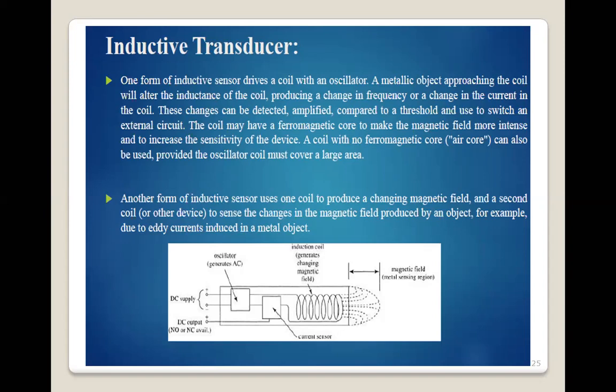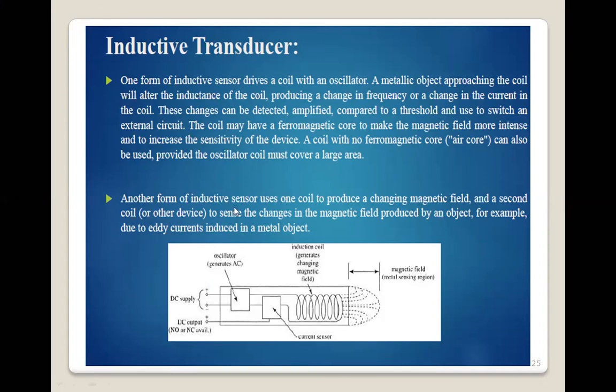The coil may have a ferromagnetic core to make the magnetic field more intense and to increase the sensitivity of the device. When the coil has no ferromagnetic core, that means an air core, it can also be used, provided the coil covers a large area.